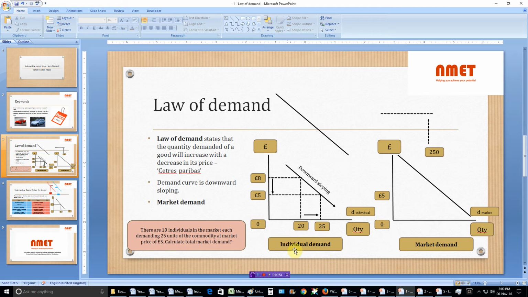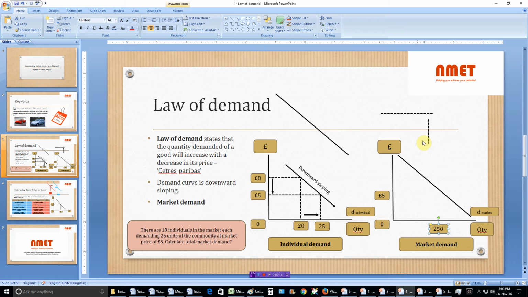So on the left hand side we have the individual demand curve, and on the right hand side we have the market demand curve. The market demand curve is the horizontal addition of all individual demands, as we did 25 plus 25 plus 25 all the way up to 10 individuals, and we got the answer of 250.